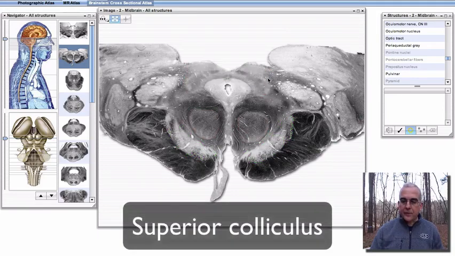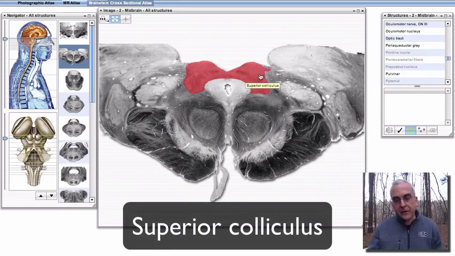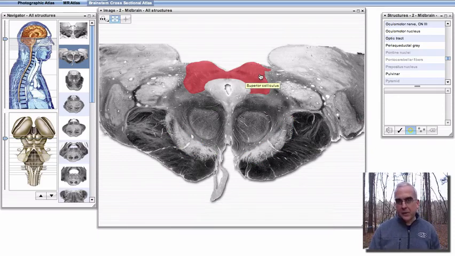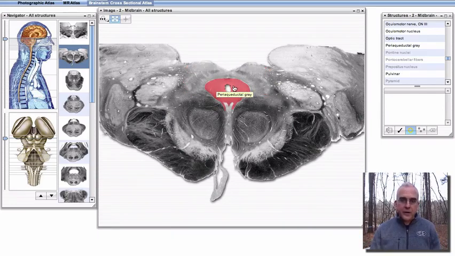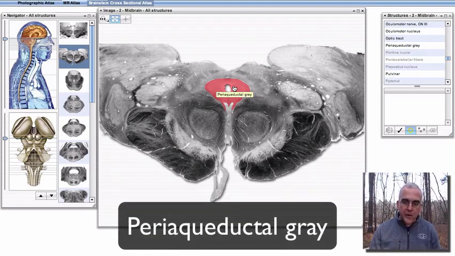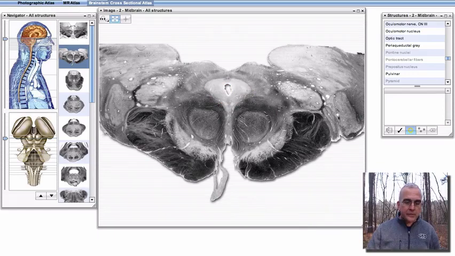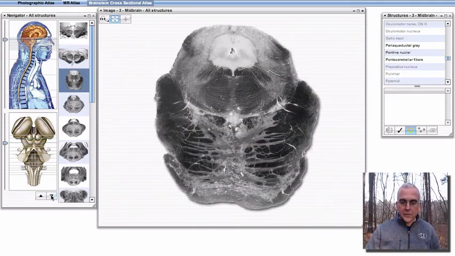We are at the level of the superior colliculus, one on either side of the midline. And just below the superior colliculi, around the cerebral aqueduct, is a bit of gray matter that we call the periaqueductal gray.